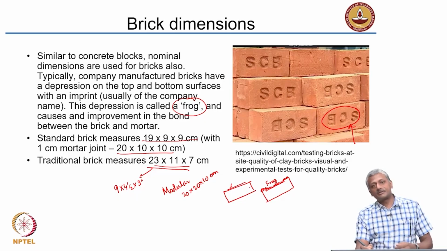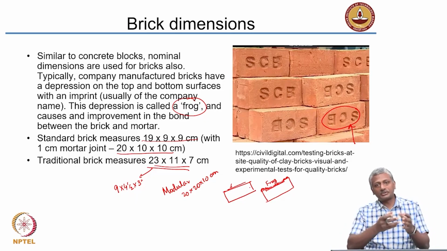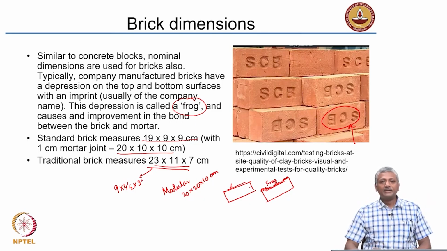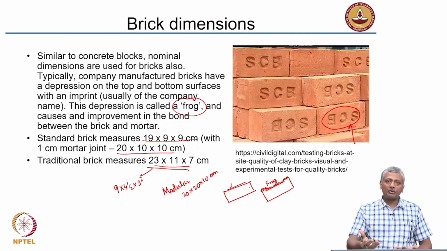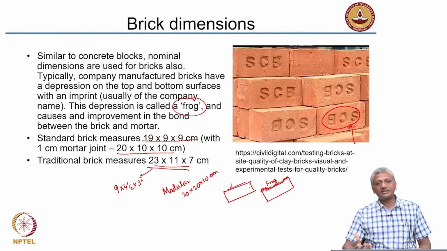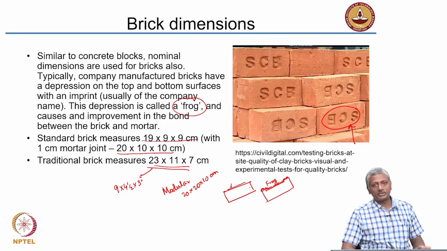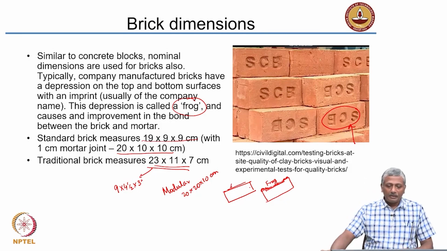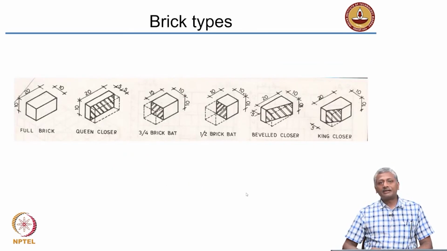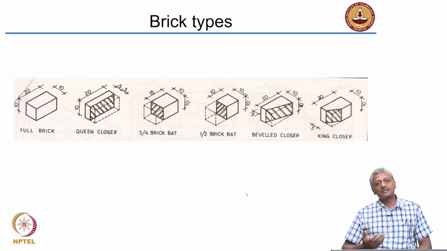So you have a greater amount of area for bonding with the mortar. Okay. So that is why in most cases you will find the bricks having the frog, not just from the point of view of bonding, but also from the point of view of advertising the name of the company that has manufactured the brick.